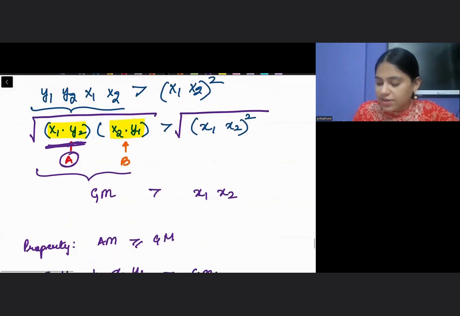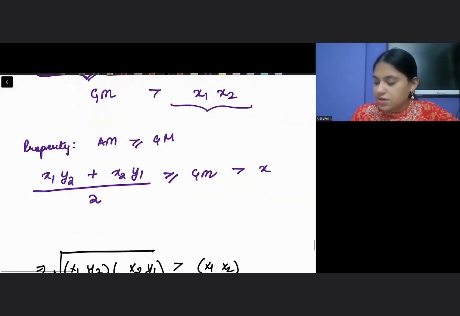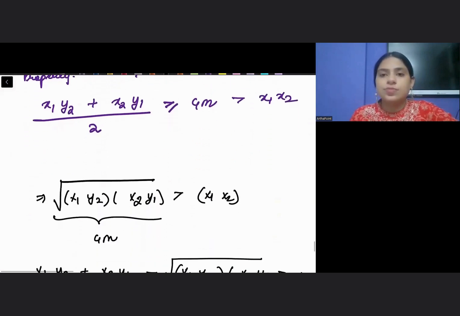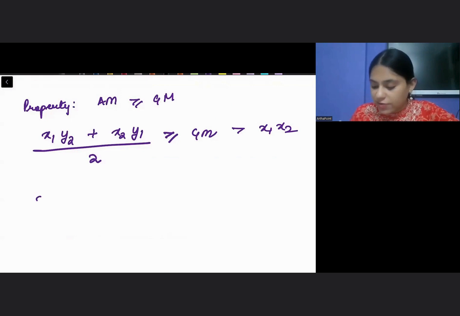But this GM that I found out, in this case, this GM is greater than x1 x2. Right? So I have got x1 y2 plus x2 y1 by 2 strictly greater than x1 x2.